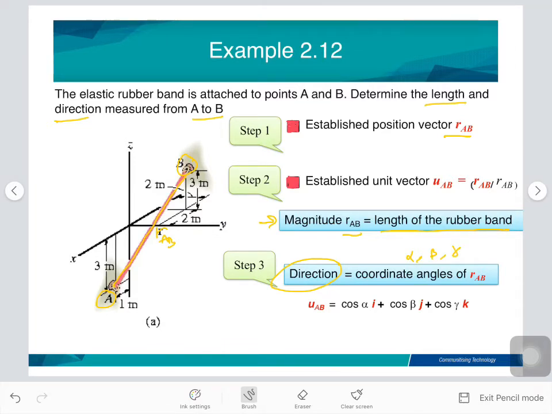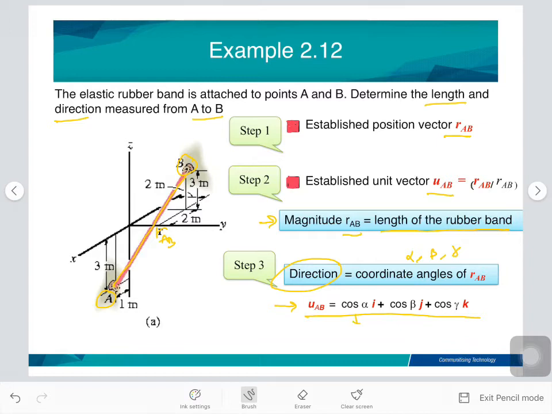How to do that? We can have the unit vector UAB. After you establish the unit vector, you need to equate UAB with this relationship: cos alpha i plus cos beta j plus cos gamma k.